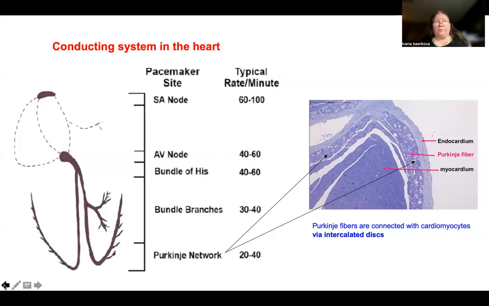You are probably much more familiar with the electrocardiogram, EKG, and the EKG is the summation of all the electrical activity in the heart. So the action potential is of one cell, and the EKG is the summation of the electrical activity of all cells at a given time. Okay, so thank you for your attention.